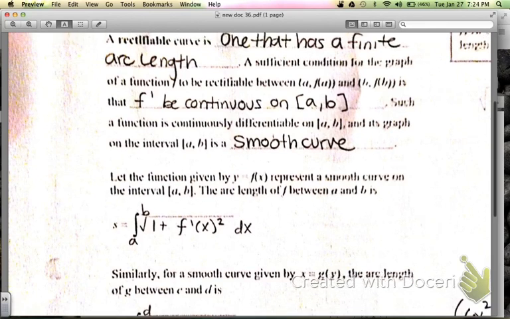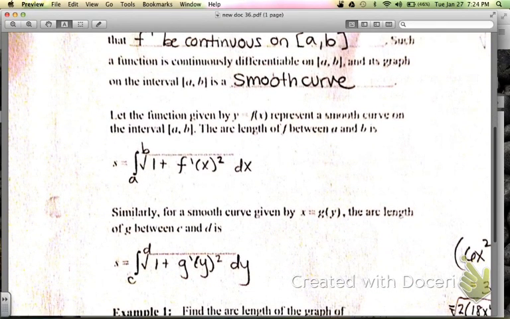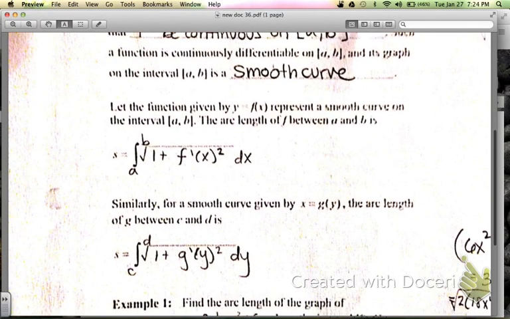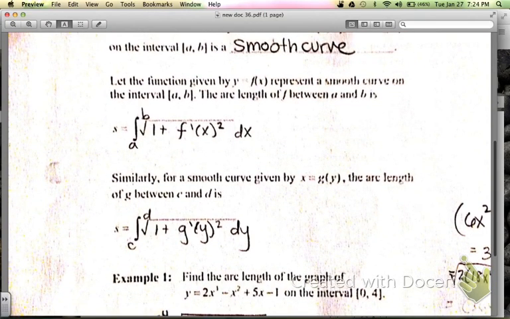So there are two formulas to help find arc length. The first one is if you have your function in terms of x, so y equals some function of x, and it represents a smooth curve on the closed interval from a to b, then the arc length of f between a and b is this integral. s is the variable we use to represent arc length. So s equals the integral from a to b of the square root of 1 plus the first derivative of f squared, dx.